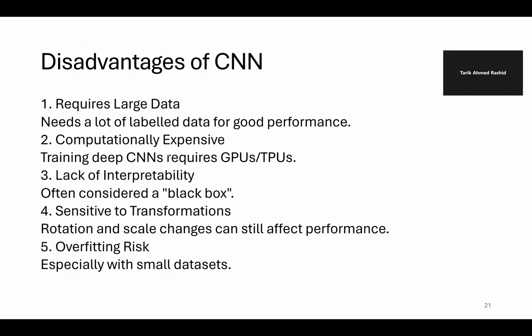The limitations or disadvantages of CNN: it needs large data and a lot of labeled data for good performance. Computational wise, very expensive. You need GPUs and TPUs, which are a special type of GPUs.